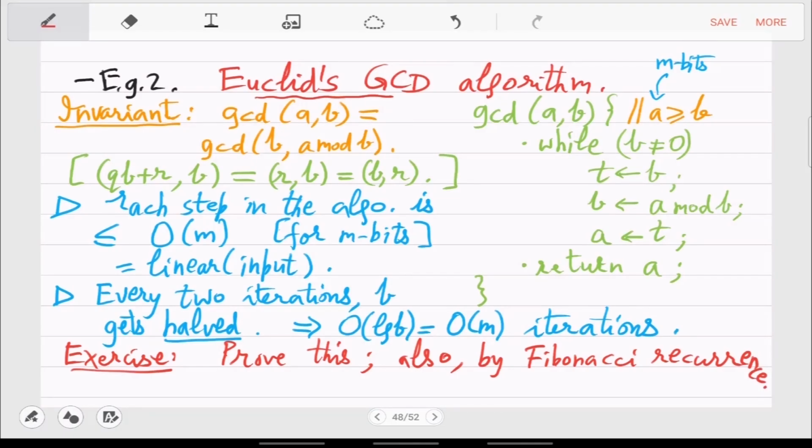So without going into those details, one simple observation you can make here is that suppose you represent the remainder between minus b by 2 and plus b by 2. If you just represented the remainder in this half value, immediately in one step, you would get a halving. The way we take remainder a mod b, the remainder could come out to be b minus 1, which seems that it is reducing slowly.